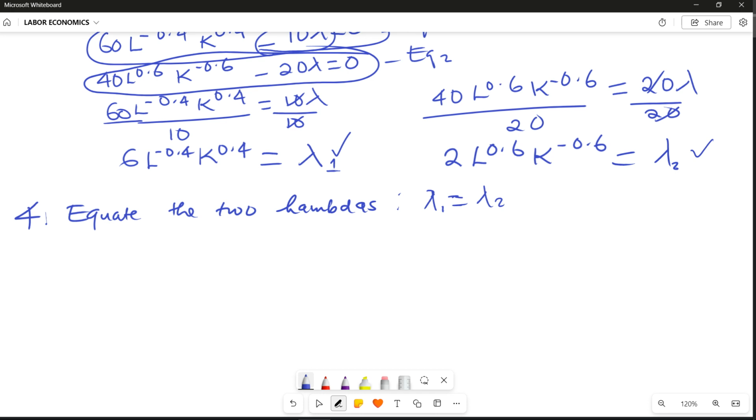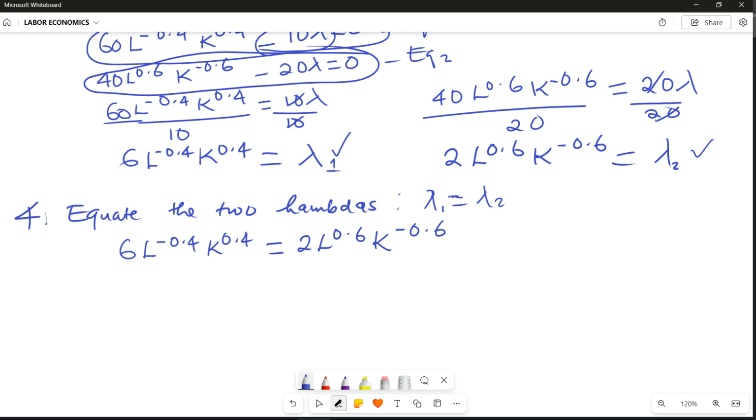So this will be 6L to the power minus 0.4 K to the power 0.4 should be equal to 2L to the power 0.6 K to the power minus 0.6. So what have we done? We've just equated the two lambdas.